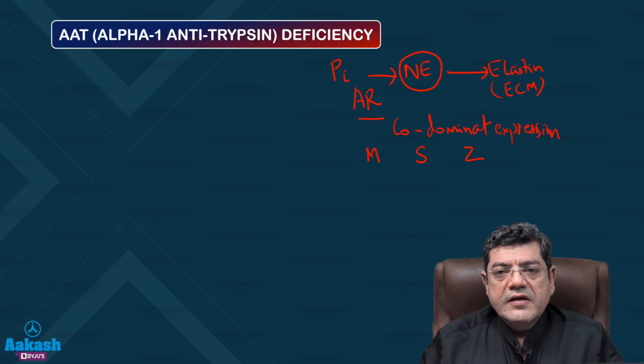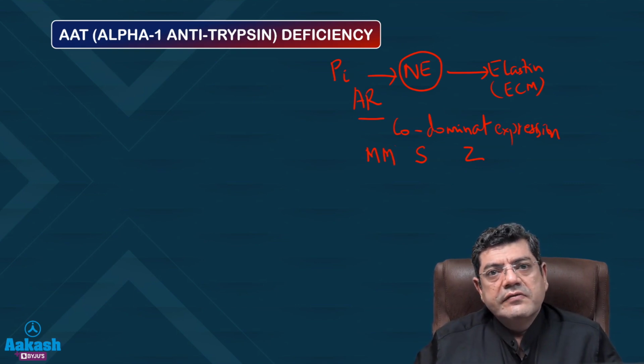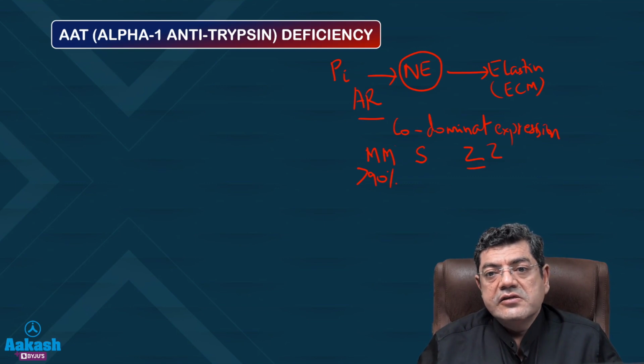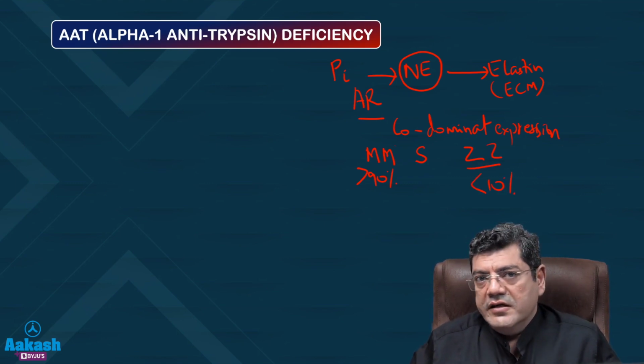So, someone with both M alleles will have more than 90% of normal tissue levels of alpha-1 antitrypsin. Someone with both Z alleles will have less than 10% tissue expression of AAT.